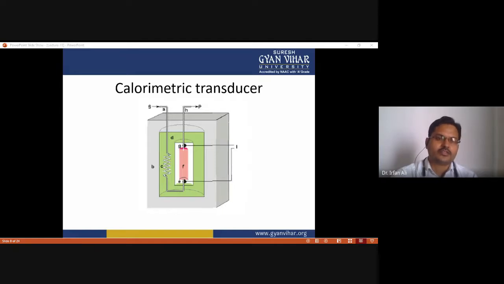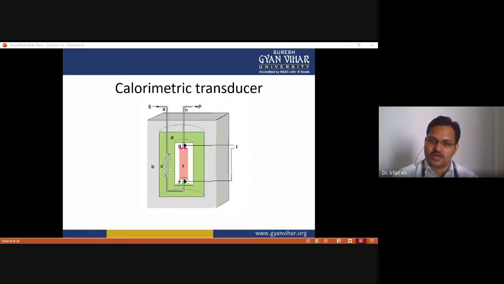Okay. So this calorimetric transducer can be successfully utilized for the detection of breast cancer. In breast cancer, a surface protein is overexpressed, and herceptin is a drug which is actually a monoclonal antibody that reacts with breast cancer cells having this overexpressed surface protein, and the reaction of the drug with the protein is an exothermic reaction.